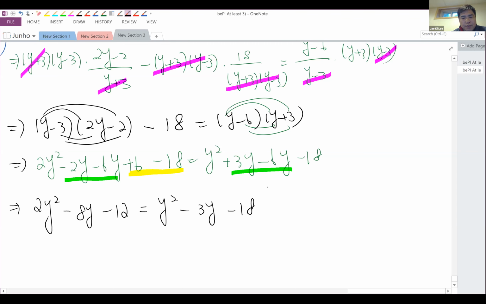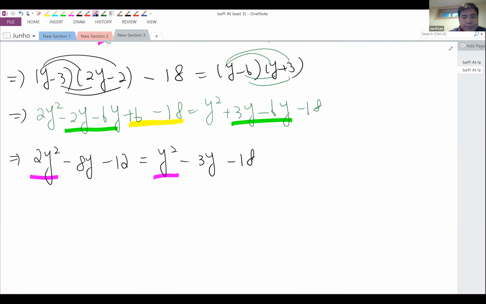So leading terms on both sides here, but between 2y squared and y squared, which one has the bigger value? The 2y squared. So I'm gonna get everything to where the bigger number is located.